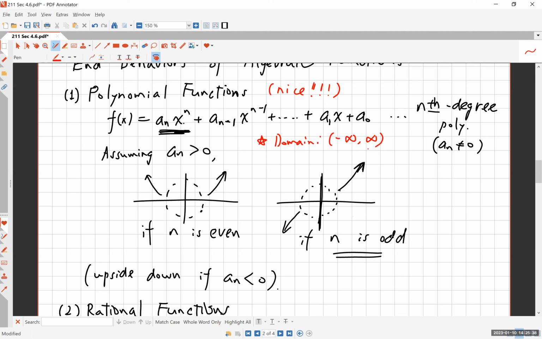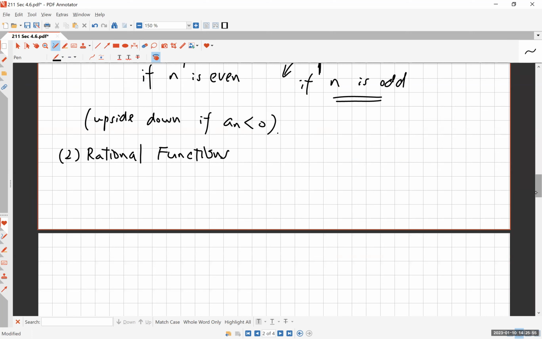The domain is from negative infinity to positive infinity, and it is differentiable everywhere, meaning it's also continuous. So there are no gaps, no holes, no weird things happening. And it's also very smooth at every single point because the derivative exists at every single point.